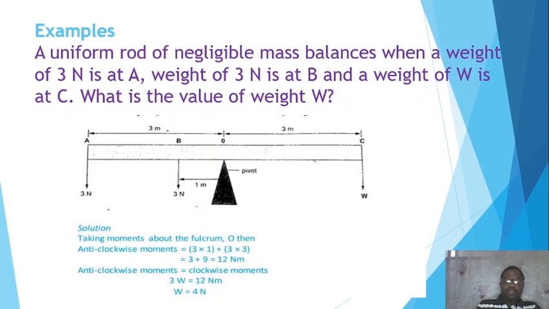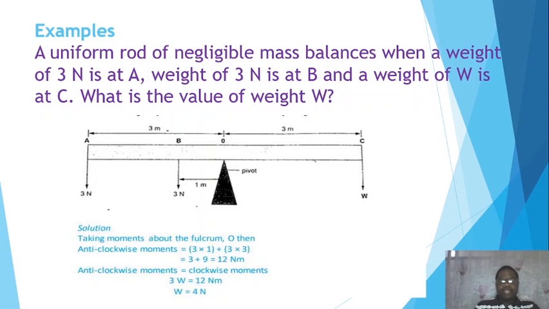So the force of 3 Newton at A multiplied by its perpendicular distance, which is 3 meter, that is 3 multiplied by 3, plus the second 3 Newton acting at B multiplied by its perpendicular distance, which is 1 meter. So we have 3 multiplied by 3 plus 3 multiplied by 1, giving us 12 Newton meter.